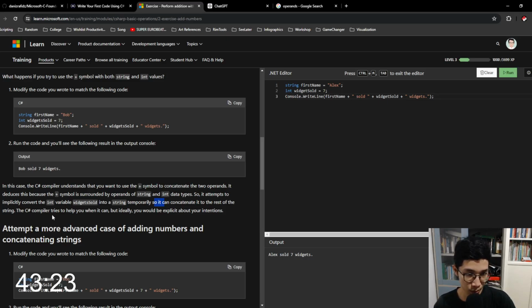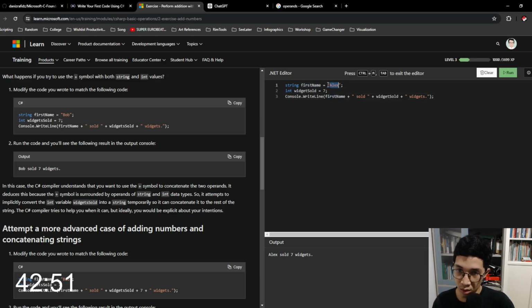The C# compiler tries to help you when it can, but ideally you will be explicit about your intention. This is just the implicit behavior from the compiler, but actually that's not what I want. What I want is Alex plus 7 to equal something else. I don't want to concatenate, I want the real addition operator.